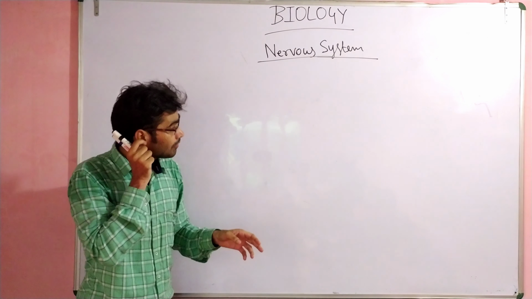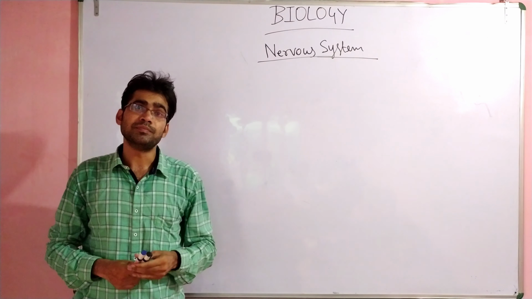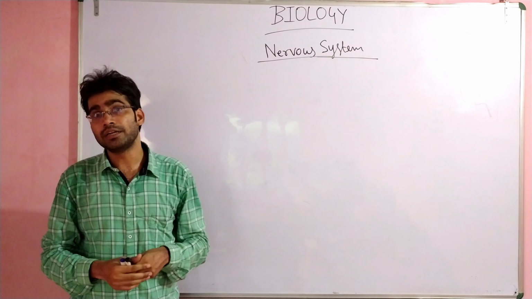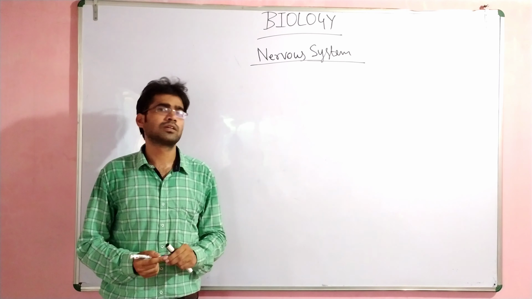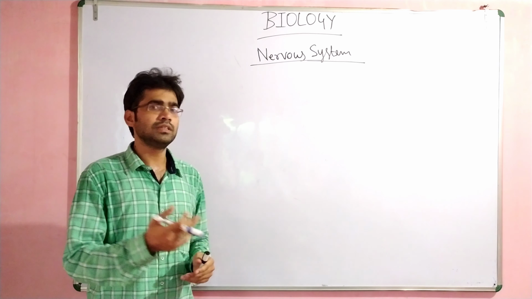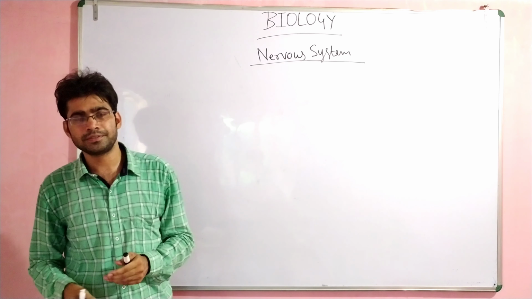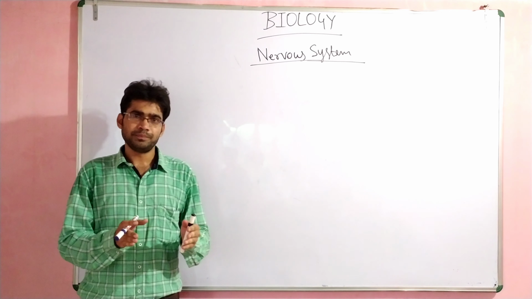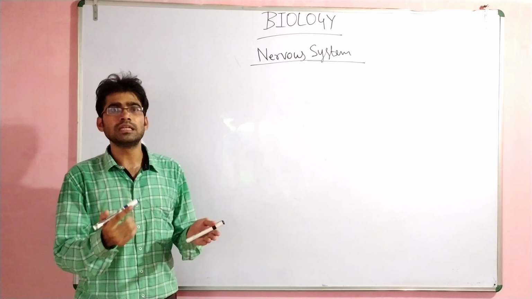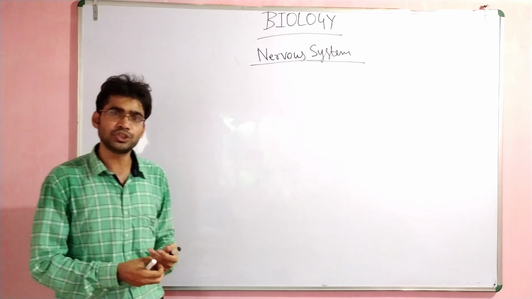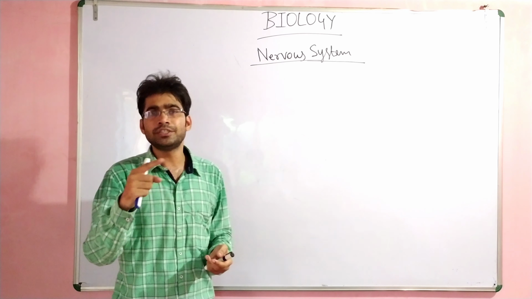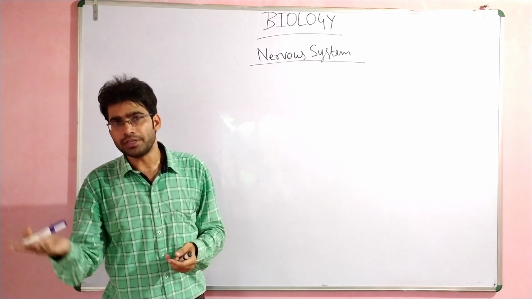The nervous system is a specialized system of nerve cells, nerve fibers and organs that coordinate and control the different activities of body parts. This is done by converting internal and external stimuli of environmental changes into electrical impulses, which respond accordingly.